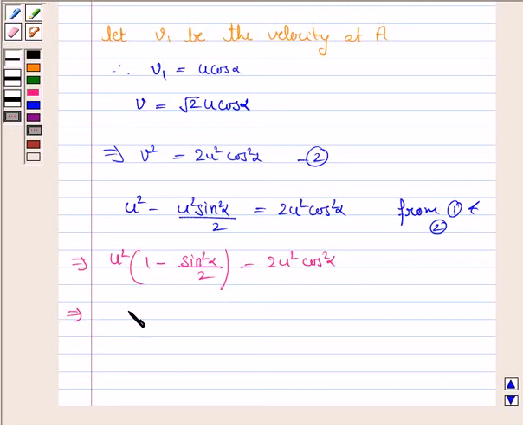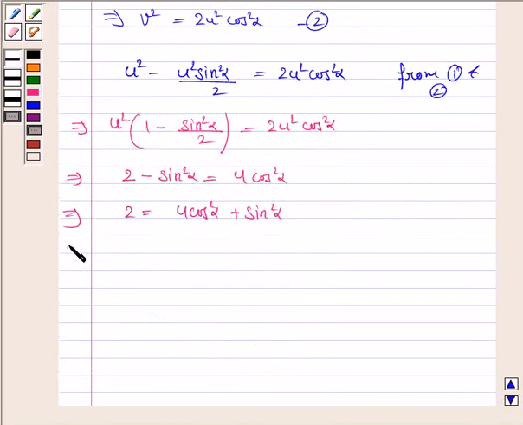U square gets cancelled on both sides, so we have 2 minus sin square alpha is equal to 4 cos square alpha. Taking LCM and simplifying, this implies 2 is equal to 4 cos square alpha plus sin square alpha.